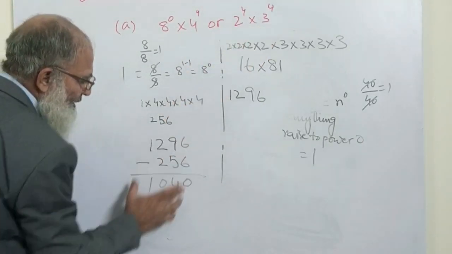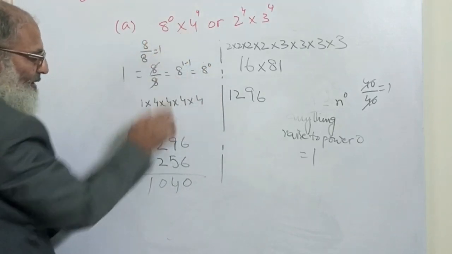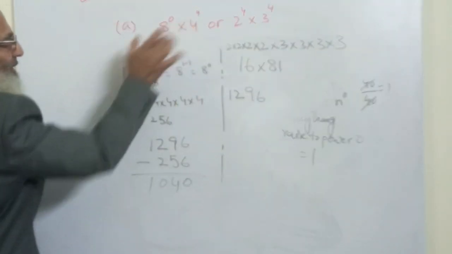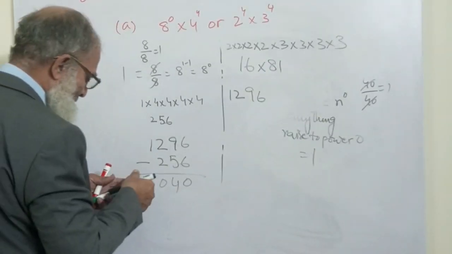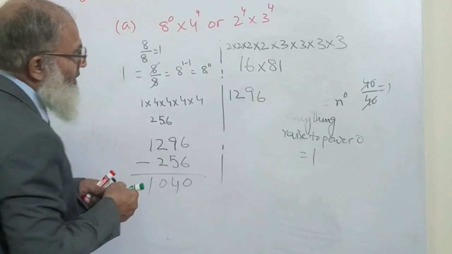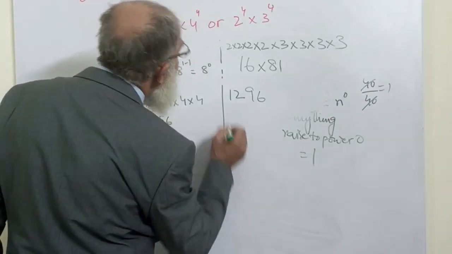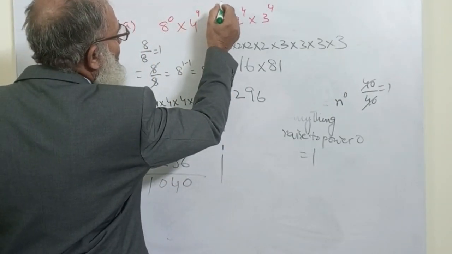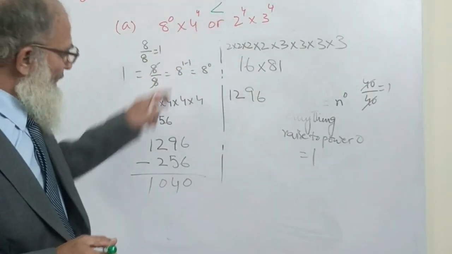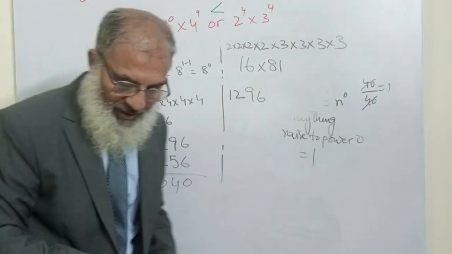This one is this much greater than this. So I can write here like this: this one is greater, and it is this much greater.